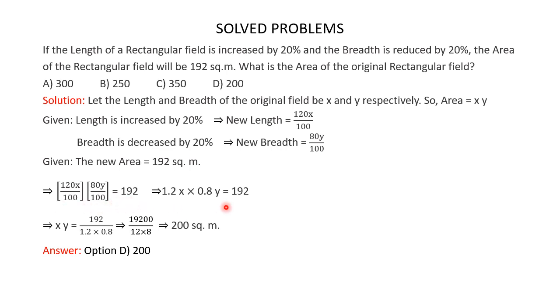On solving this, we get xy is equal to 200 square meters. Now xy is nothing but the area of the original rectangular field. So the area of the original rectangular field is 200 square meters. The correct answer is option D, 200.